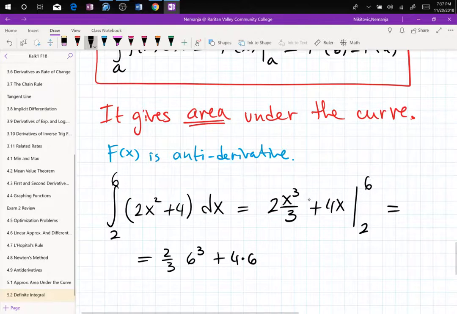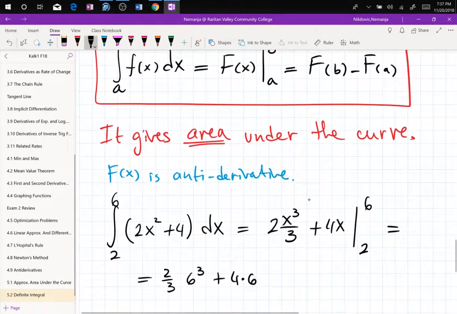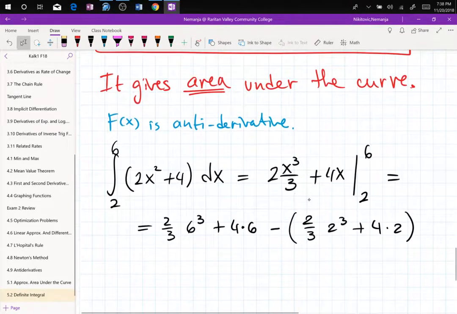This is when I plug in the upper limit because the formula is F of b. You are plugging in the value b, which is 6, into the entire antiderivative F. Minus, in parentheses now, you are plugging in 2. So I have 2/3 times 2 cubed plus 4 times 2. And then you run this arithmetic.